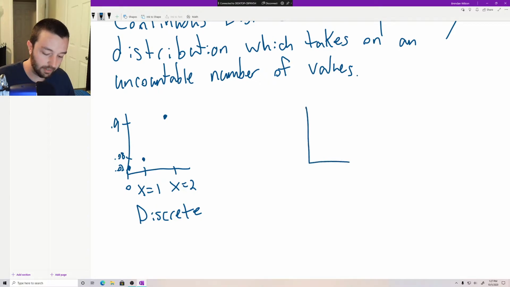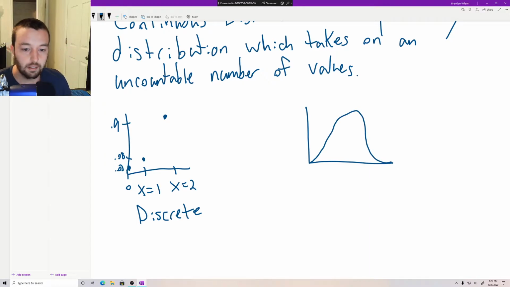If we were to graph a continuous distribution, it's going to look something like this, where it's not dots, it's a solid line. So at any particular x value you could pick, at any value for your variable, you'll have an output.